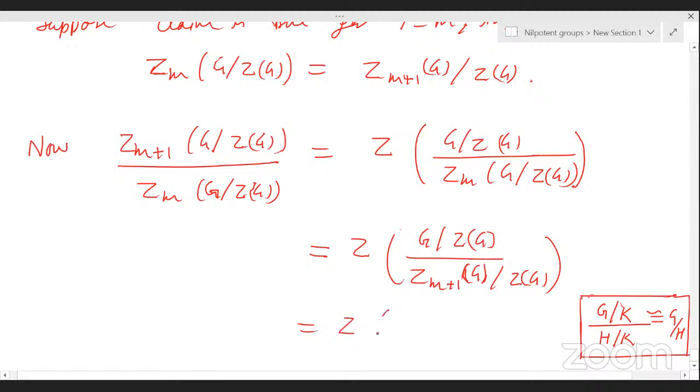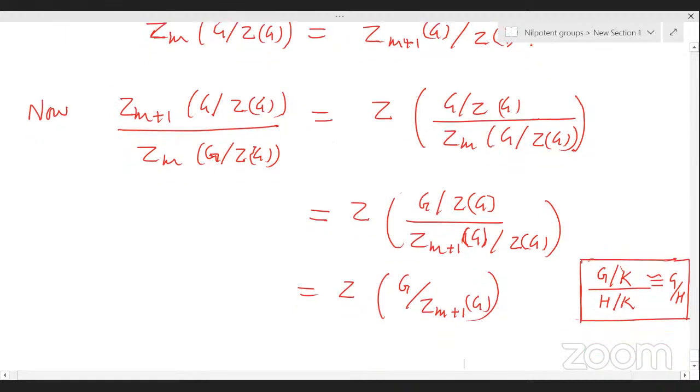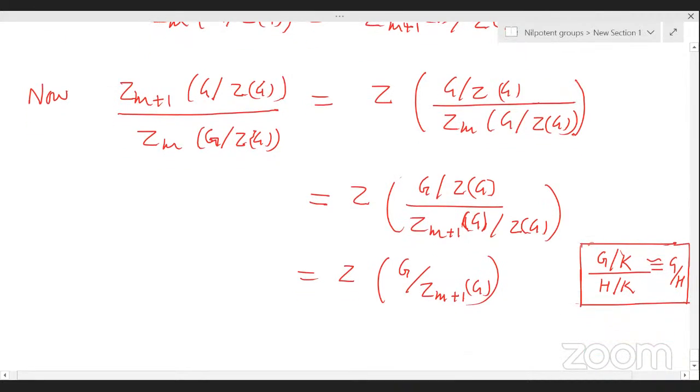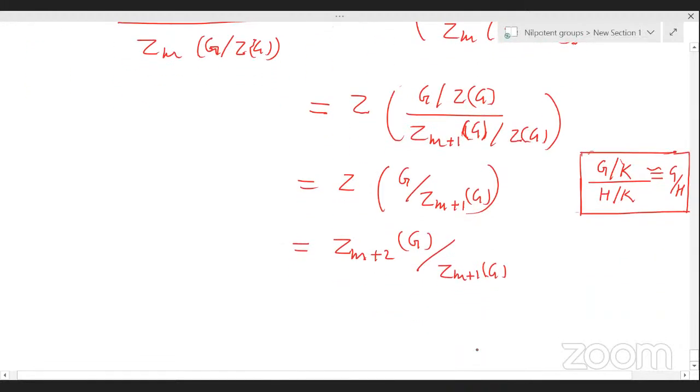So we can write it as G/Z_{m+1}(G). But you know what is Z(G) upon Z_{m+1}? By definition, it is nothing but Z_{m+2}(G) upon Z_{m+1}(G), by definition of the upper central series.